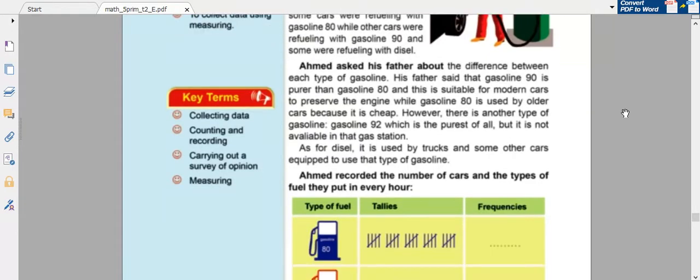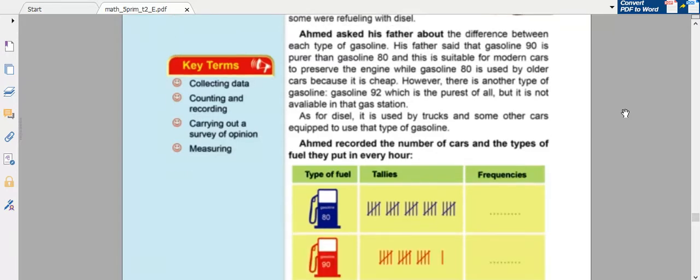So Ahmed, after hearing the story of the different types of gasoline, 80, 90 or diesel, recorded the number of cars and types of fuel they put in every hour.